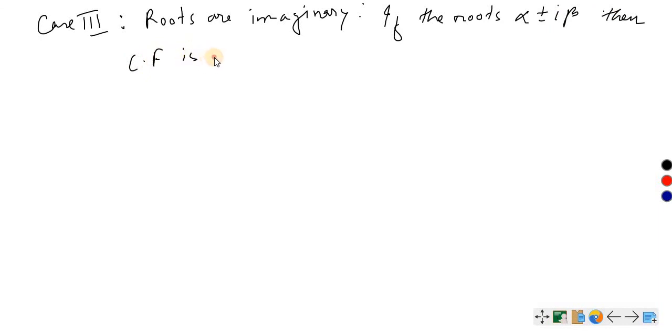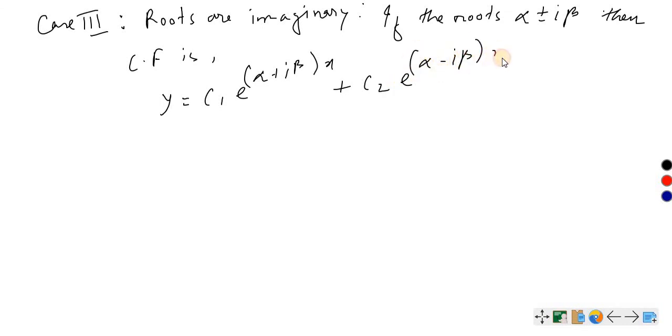So if the root is a complex number having imaginary number i, then complementary function is y is equal to c1 e to the power (alpha plus i beta)x plus c2 e to the power (alpha minus i beta)x, which can be further written as c1 e to the power alpha x into e to the power i beta x plus c2 e to the power alpha x into e to the power minus i beta x.